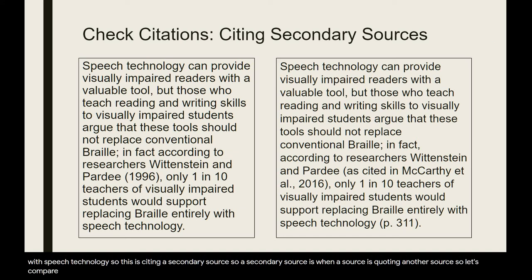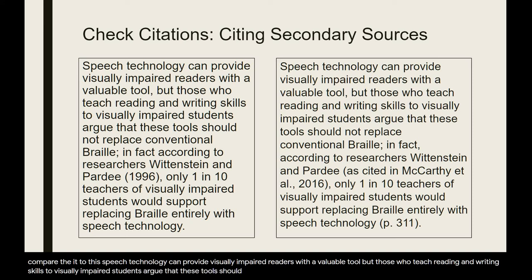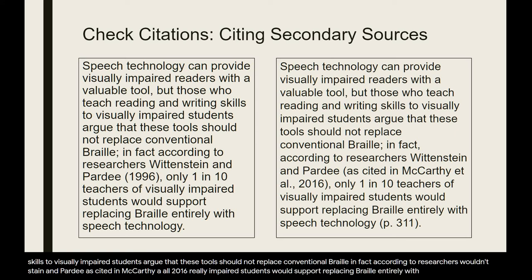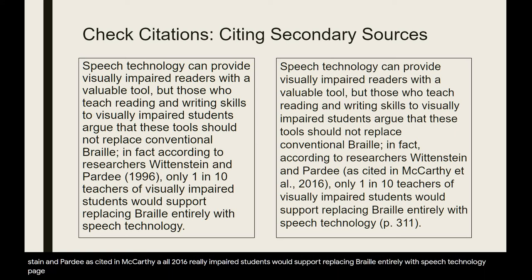So let's compare it to this. Speech technology can provide visually impaired readers with a valuable tool, but those who teach reading and writing skills to visually impaired students argue that these tools should not replace conventional Braille. In fact, according to researchers Wittenstein and Pardee, as cited in McCarthy et al., 2016, only 1 in 10 teachers of visually impaired students would support replacing Braille entirely with speech technology, page 311.